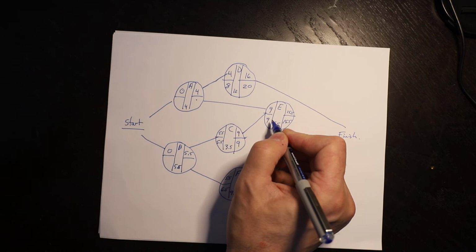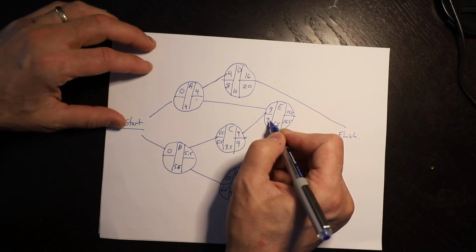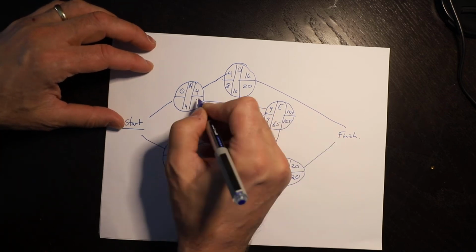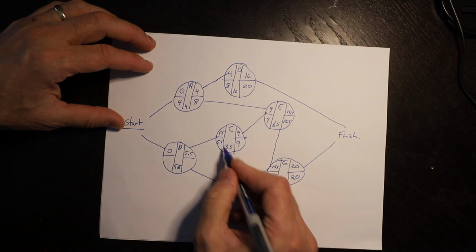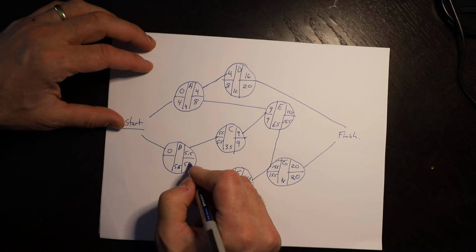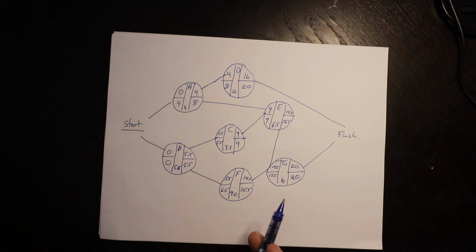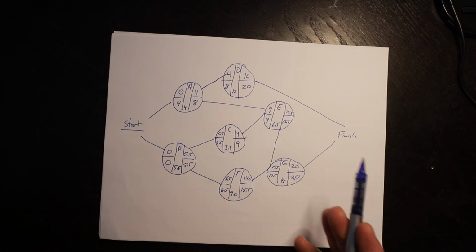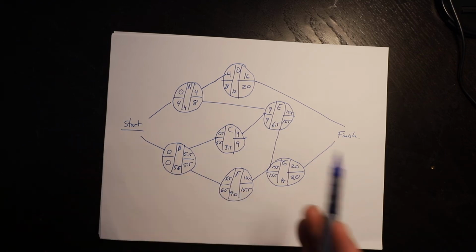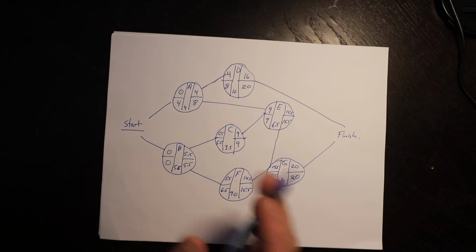So in this case, when we go in the pass, we take the smallest latest start time, and it's 8 and 4. And here we take the smallest, so it's 5.5 and 0. So now we have our network diagram. We have earliest start, earliest finish, latest start, and we're complete.